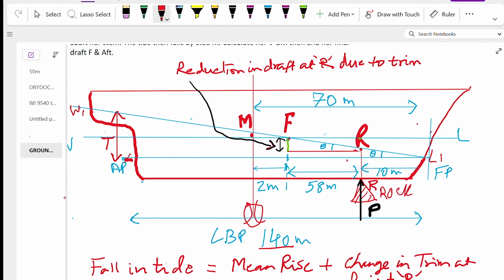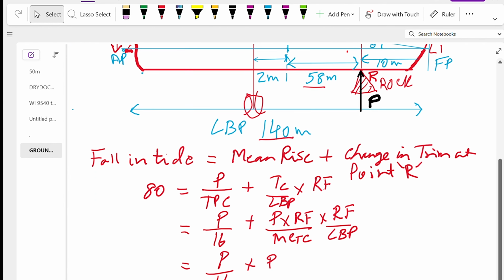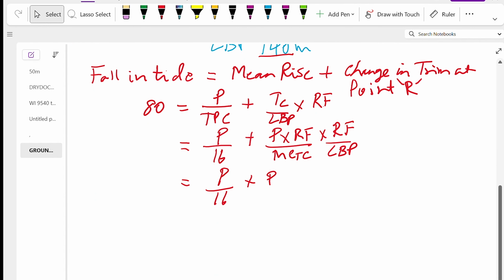LCF is 72 in this case, is 2 meters forward. So 130 minus 72, again it will be the same, 58 meters will be the distance between center of flotation and the grounding position R. So that is 58 meters RF.